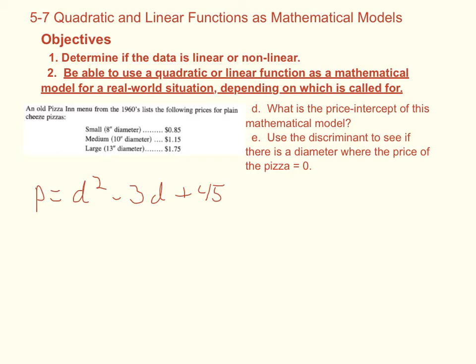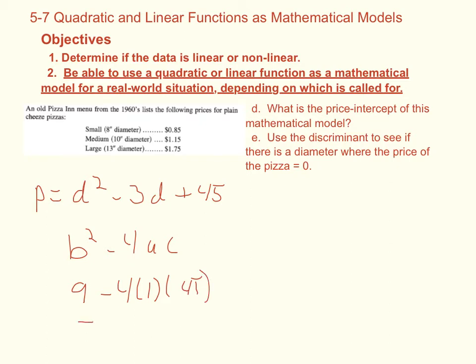Now use the discriminant to see if there is a diameter where the price of the pizza equals 0. So the discriminant is b squared minus 4ac. b squared, negative 3 squared is 9, minus 4 times 1 times 45. Okay, so that is negative 90.